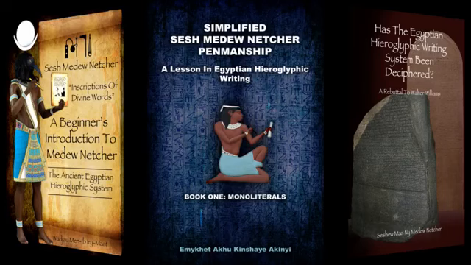Okay. Yeah. Dua. So the book that you see in the middle is the book that focuses on penmanship. Since we are aspiring scribes, one of the skills that we aspire to have is to be able to not just read, but to write Sesh Medew Netcher. So this is an introduction to writing Sesh Medew Netcher, and in this case, we picked the simplified Sesh Medew Netcher.